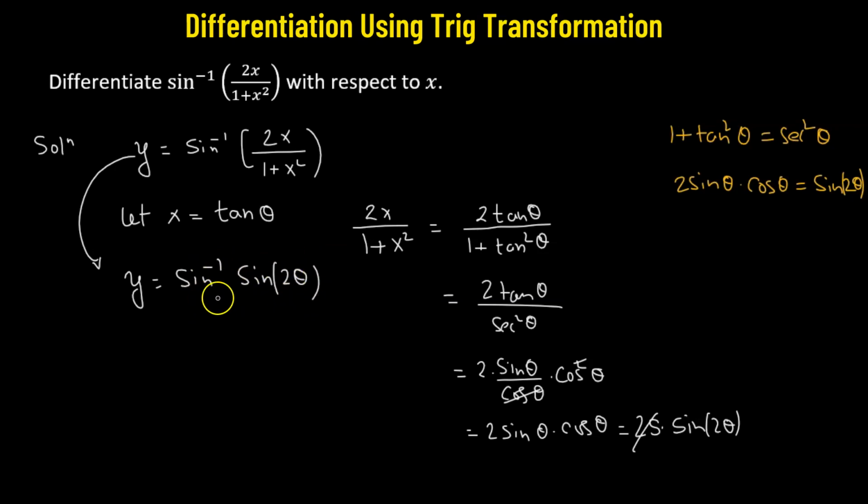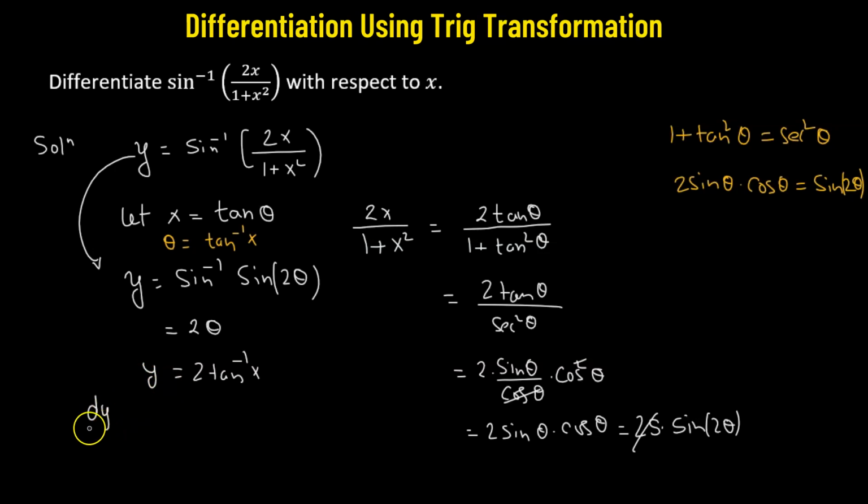We know the sine inverse of sine of 2 theta will be simply equal to 2 theta, and we have considered x to be equal to tangent of theta, such that theta will be equal to tangent inverse of x. So that means y will be equal to 2 times tangent inverse of x. So this is the value of y.